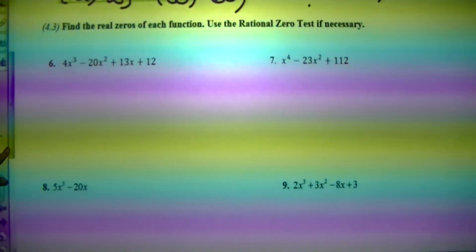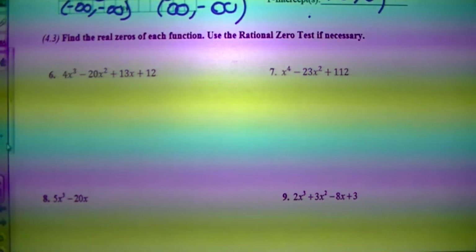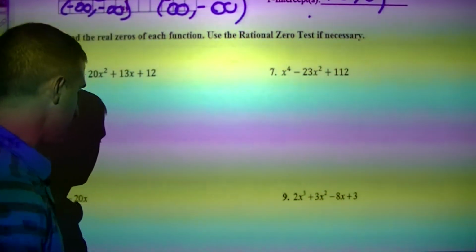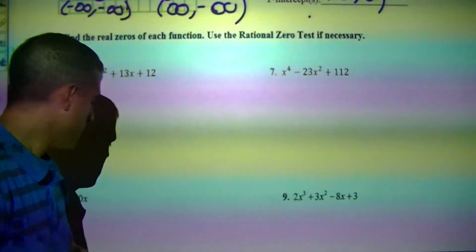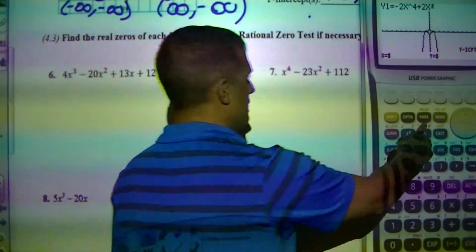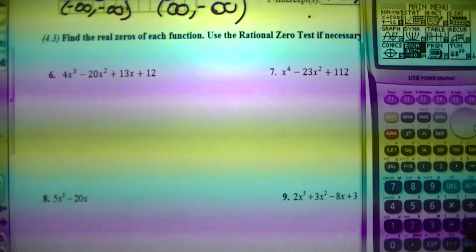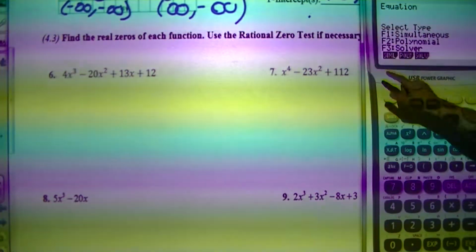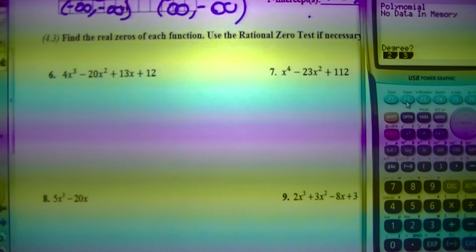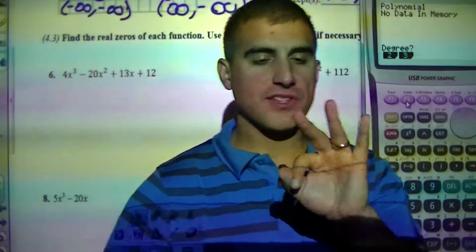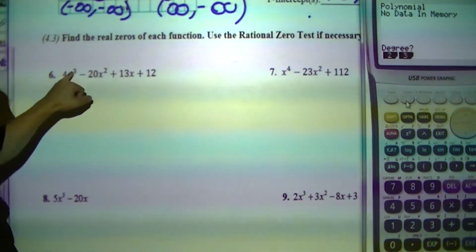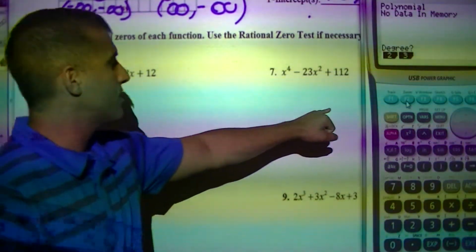The next part of this, we're going to find all the real zeros. Let's go into menu, and then into equa. Now, you're going to select polynomial. My calculator only has 3 degrees, you can choose as many as you have. Since it's degree 3, I'm going to choose 3.